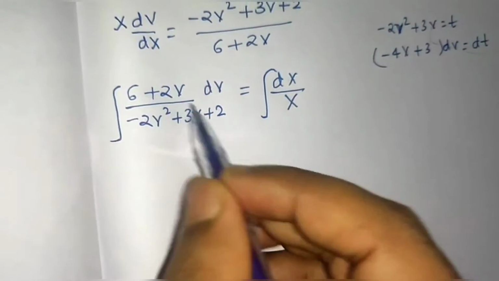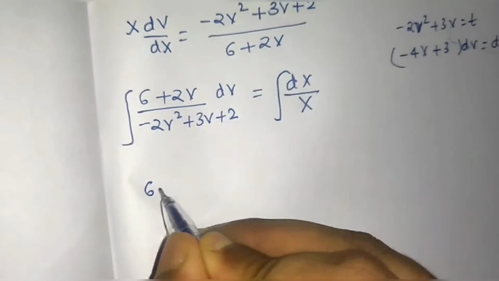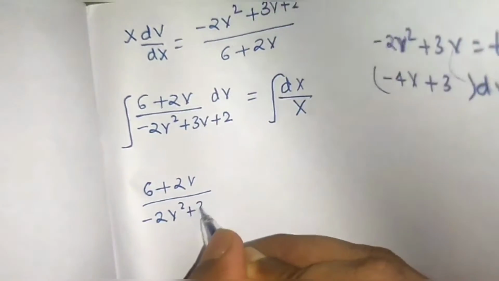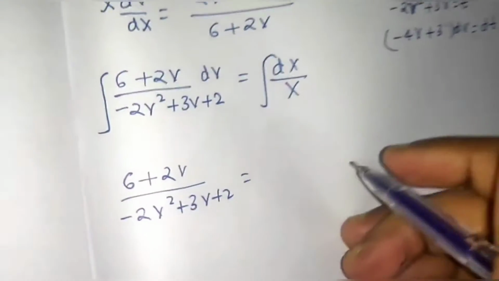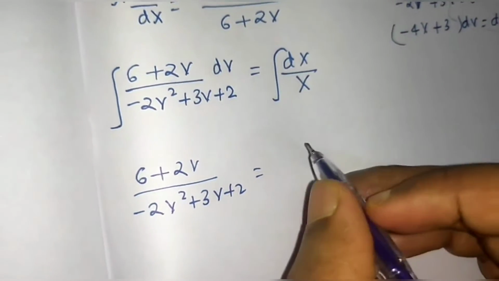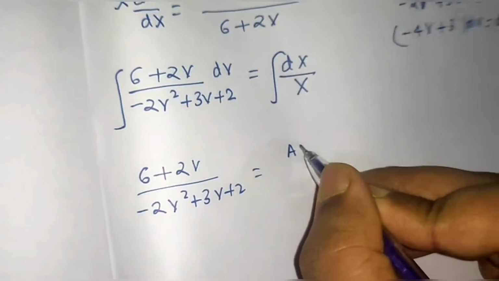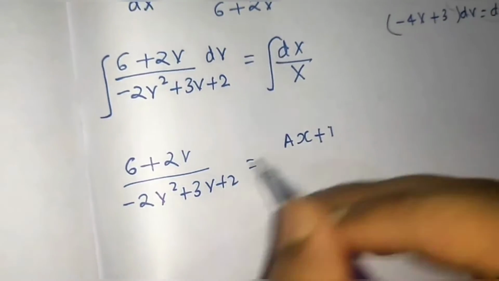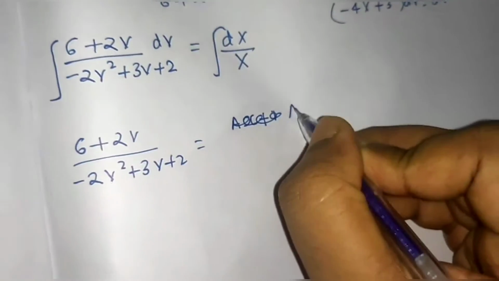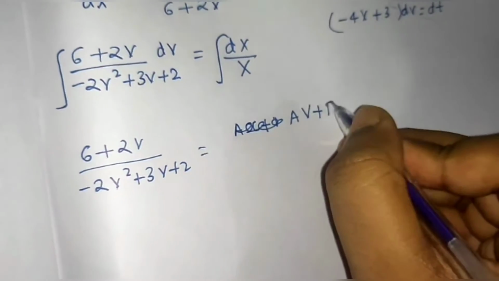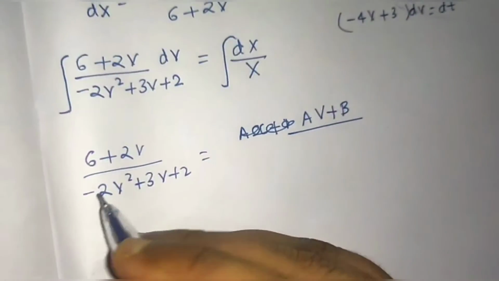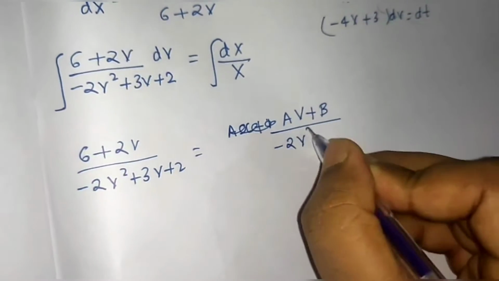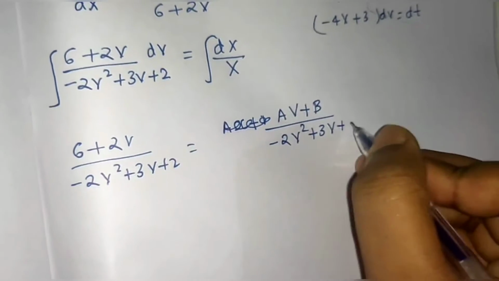I am going to find the partial fraction for this part. So 6 plus 2v divided by minus 2v square plus 3v plus 2 can be written as av plus b, because this is in terms of v, divided by this quadratic portion, which is minus 2v square plus 3v plus 2.